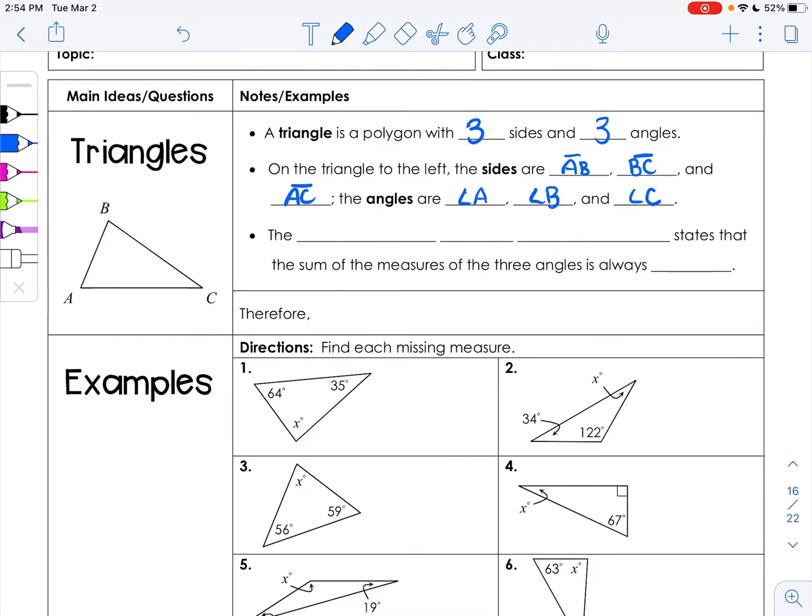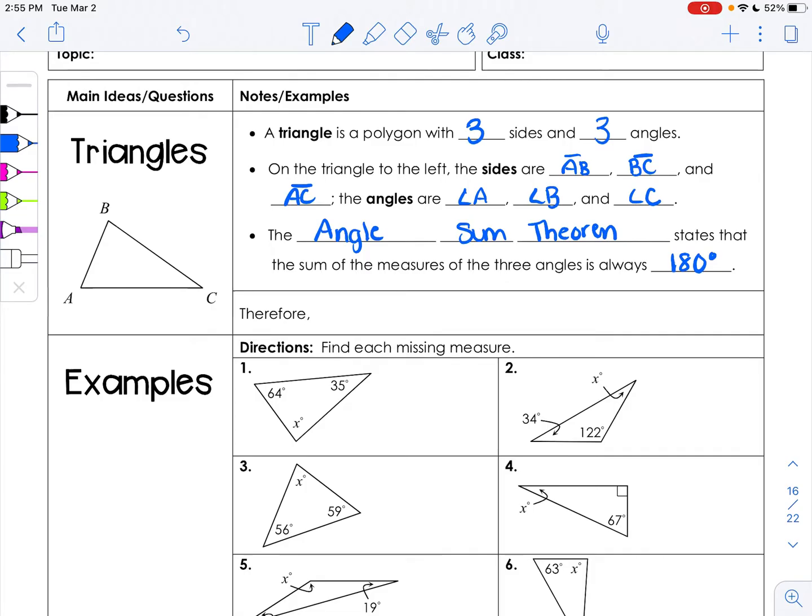The Angle Sum Theorem states that the sum of the measures of the 3 angles is always 180 degrees. So no matter what type of triangle you have, if you add together all of their angles, it adds up to 180 degrees.